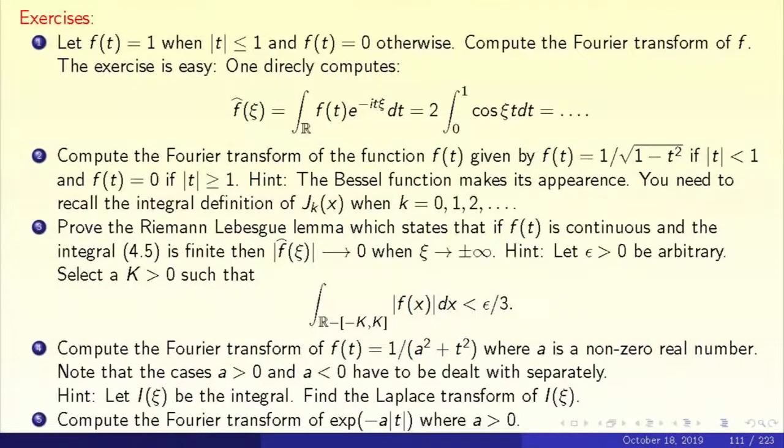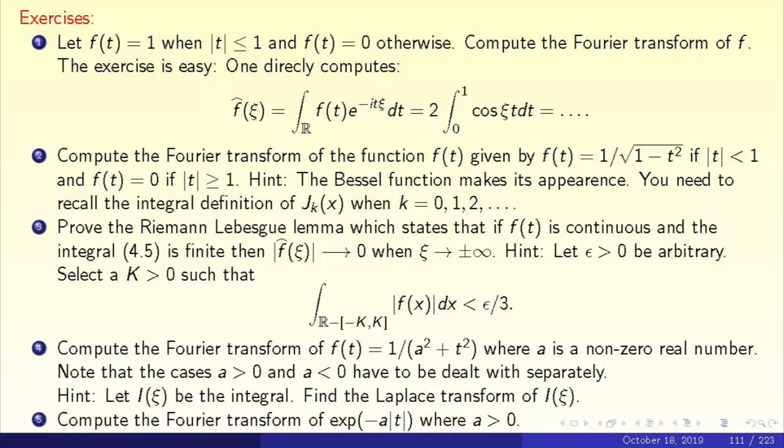The third part is the Riemann-Lebesgue lemma. Let us recall what is the Riemann-Lebesgue lemma in the context of Fourier series. If you have an integrable function from minus pi to pi, then its Fourier coefficients a_k and b_k tend to 0 as k tends to infinity. Instead of Fourier coefficients, which is a discrete sequence, we have a Fourier transform f hat of χ.